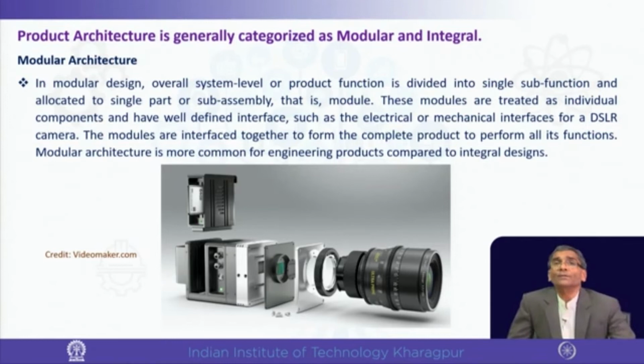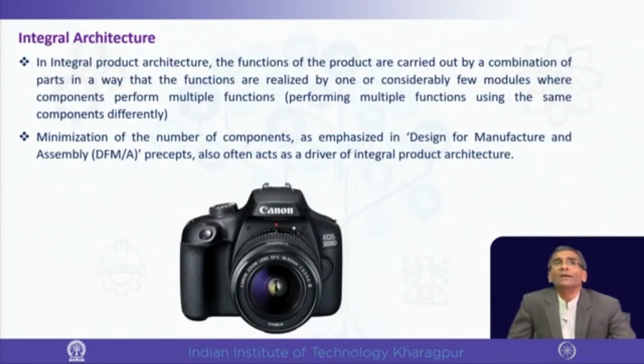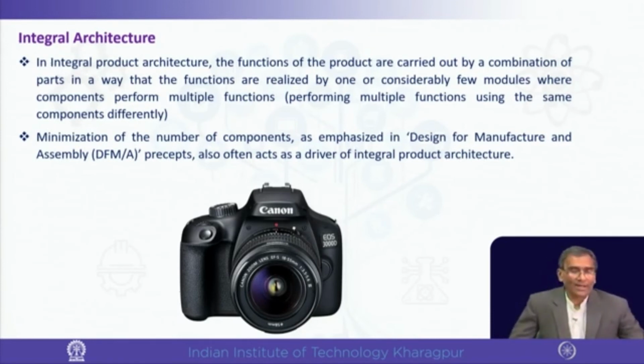We will talk about the characteristics later, and this is one example of an integral architecture, where the functions of the product are carried out by a combination of parts in a way that the functions are realized by one or considerably few modules.